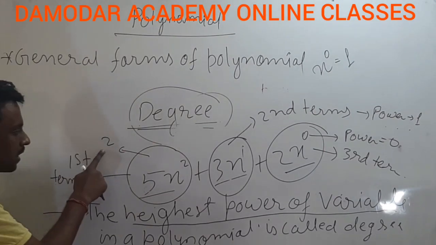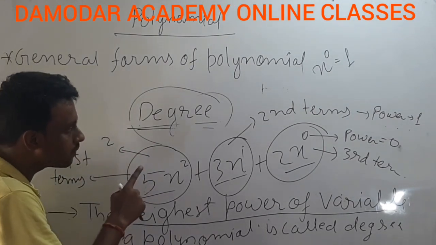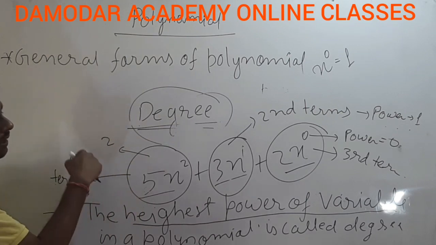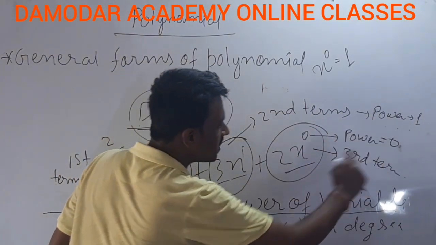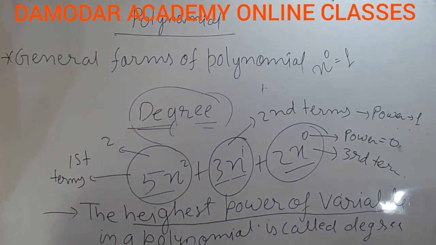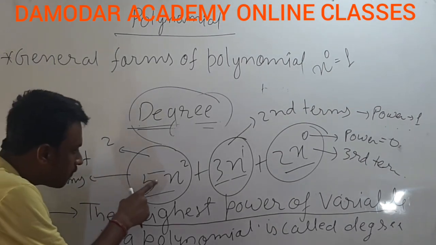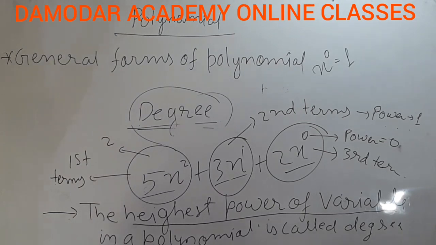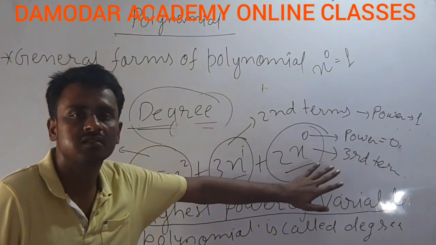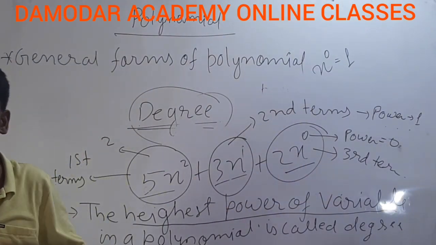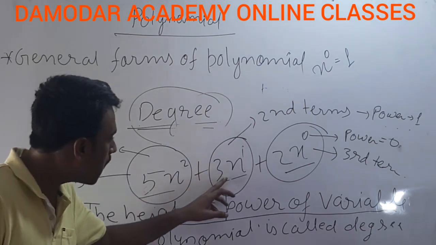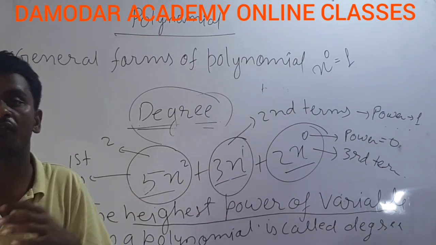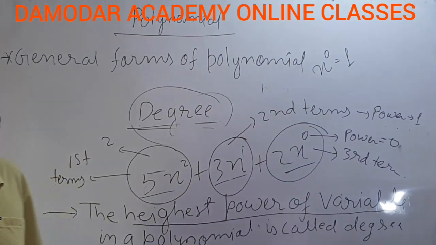When you compare, then what we observe? That 2 is greater than 1 as well as greater than 0. That means the power of the first term's variable is 2, which is greater than the power of the variable of all the rest of the terms.